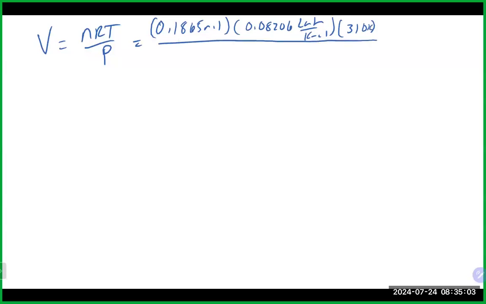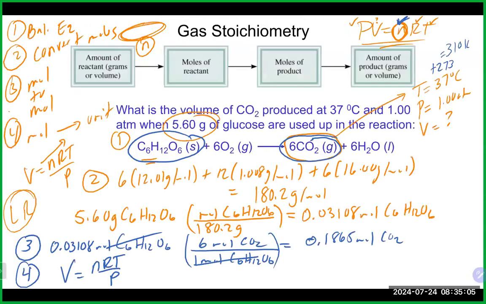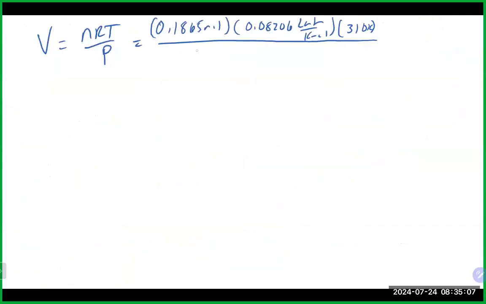And we're going to divide it by our pressure, which I think in this case was just 1, actually. So our atmospheres will cancel, our moles will cancel, our Kelvin will cancel. It's going to leave us liters. And in this case, we will end up with about 4.74 liters would be produced of CO2.